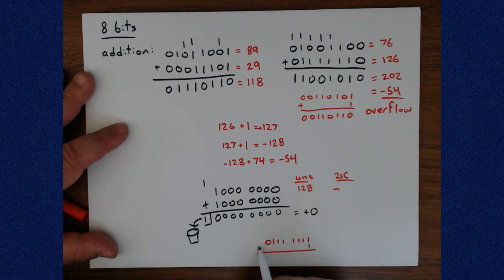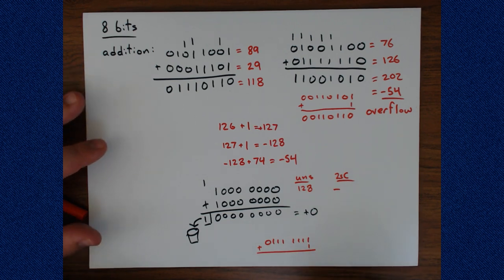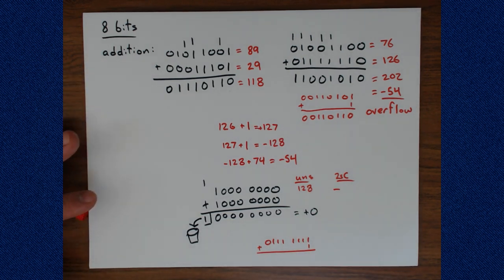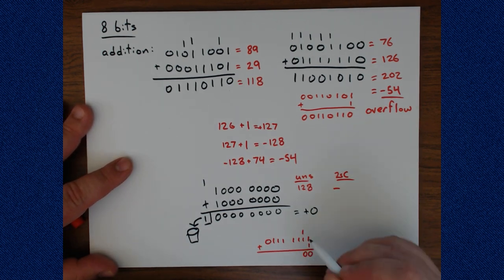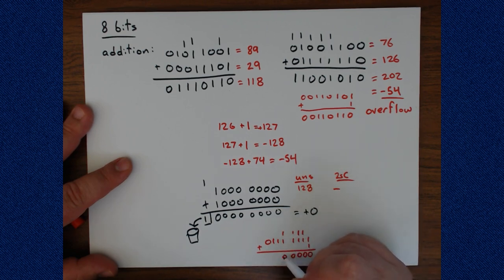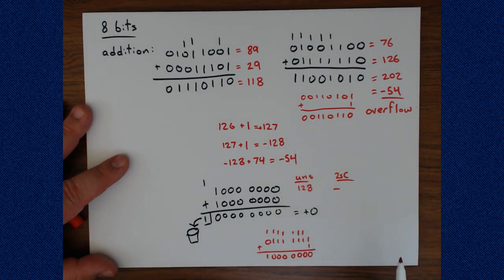And this, of course, gives us one of the anomalies that we've seen before in our 2's complement representation, because this is going to be a 0, carry the 1. 0, carry the 1. And this carry is going to ripple all the way down to here. And so we get the same bit pattern that we started with.